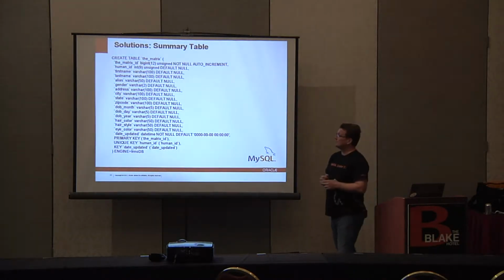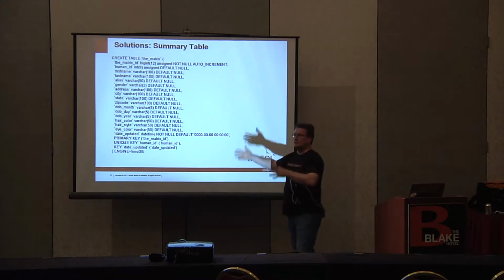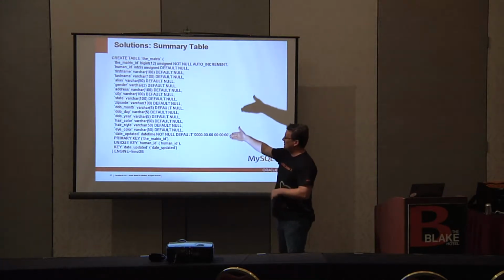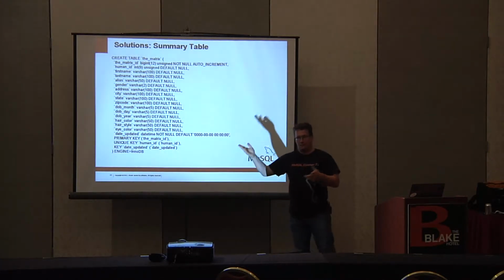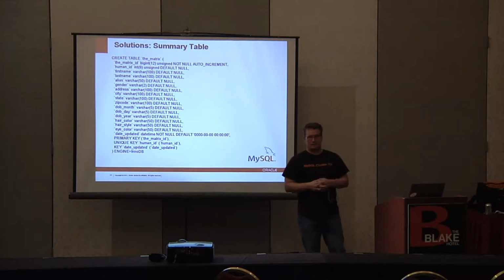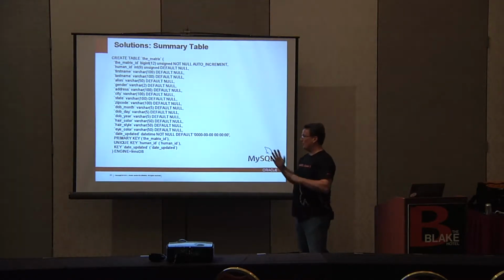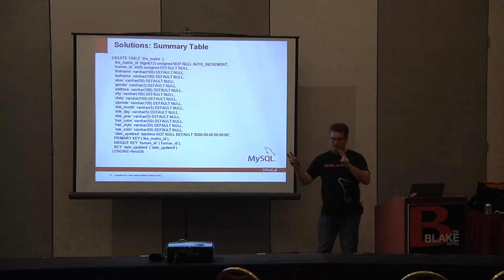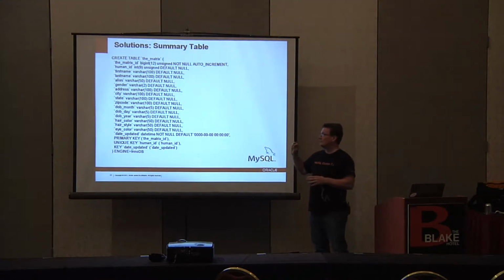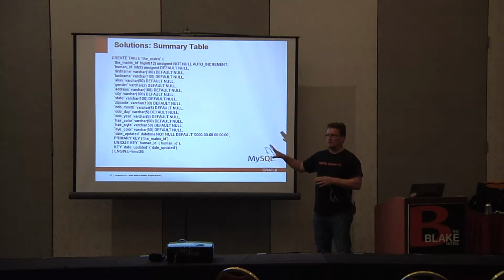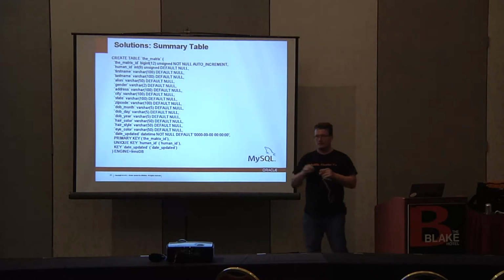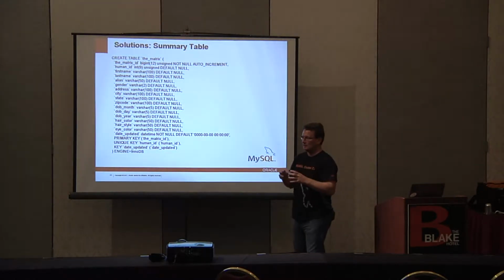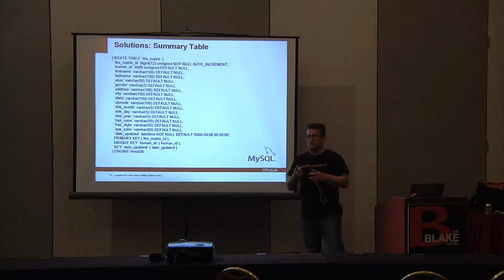So let's say we're going to build a table called the matrix. And these are the top queries that the CEO and the marketing teams ask for out of this series. Now, when we build a matrix, or summary tables in this case, this does not have to be the only one. Just because you build a data warehouse or a summary table, there doesn't have to be only one summary table.